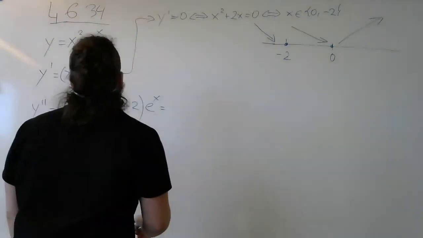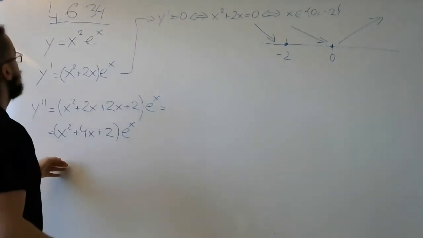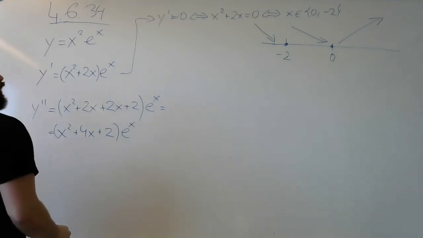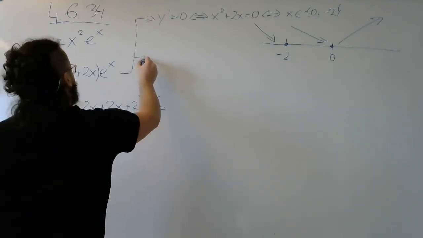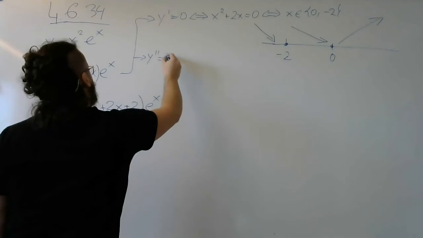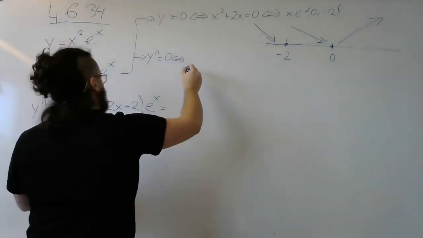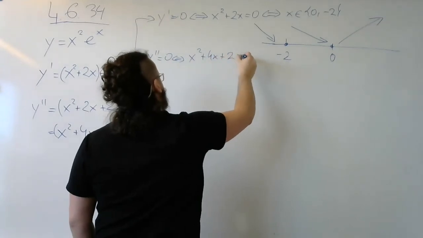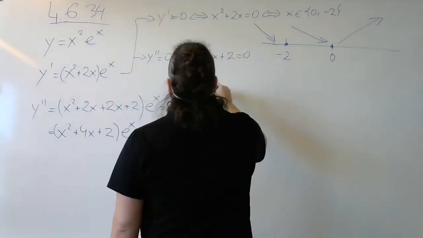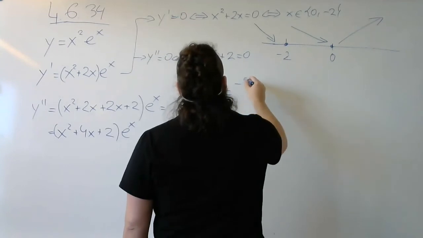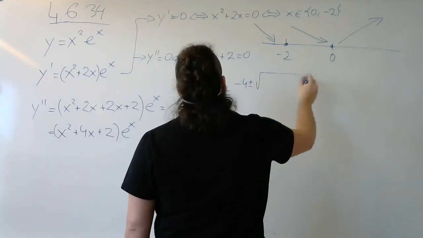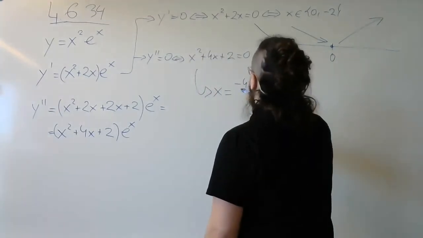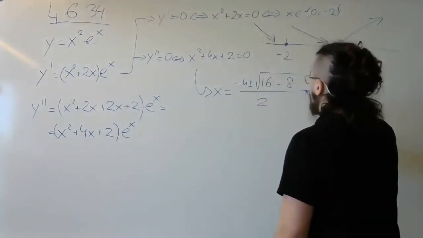Let's see. Now we're going to examine the second derivative. This is x squared plus 4x plus 2 equals 0. So x is -4 plus minus square root of 16 minus 8, divided by 2.